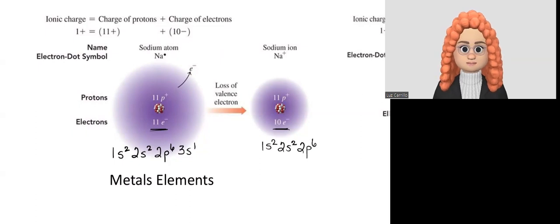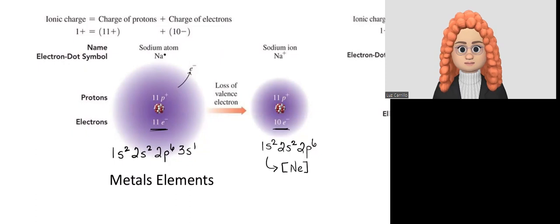Now, we learned previously that there are electron configurations that refer to some elements in the periodic table that are very stable, and they are virtually unreactive. So what we see overall is that upon sodium losing an electron, the 10 electrons that populate the sodium ion that forms are going to be very similar electronically to a particular noble gas, and this one is going to be like neon.